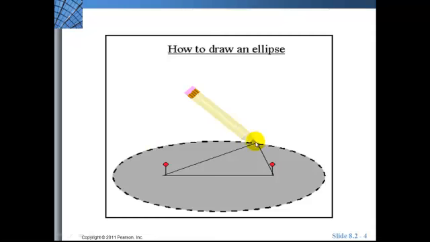And that's the basic definition of an ellipse: this total length of string doesn't change. The individual side lengths of this triangle can change, but when you add them together, that amount doesn't change. And that's how you get an ellipse.